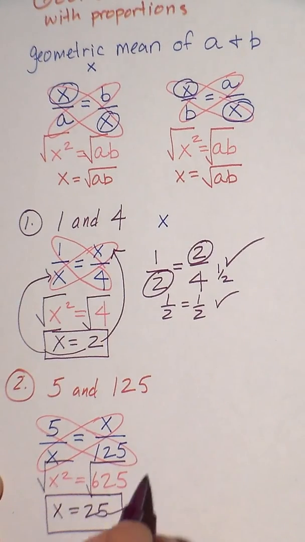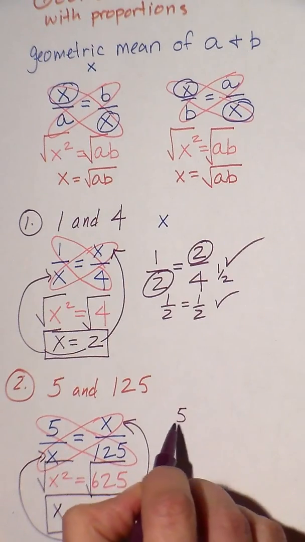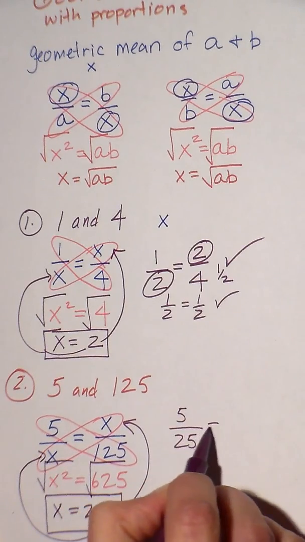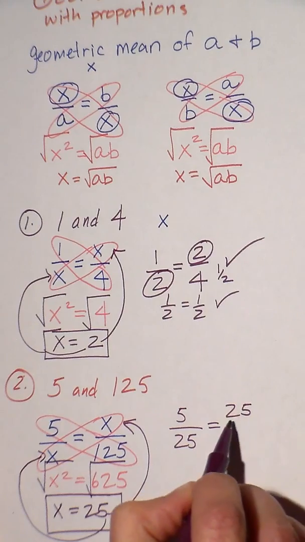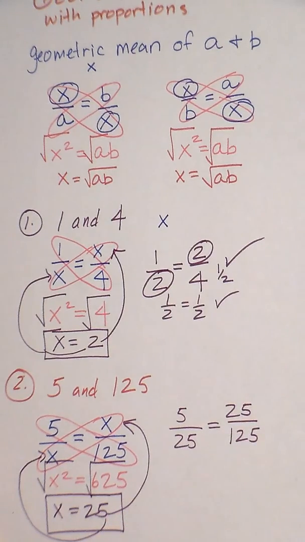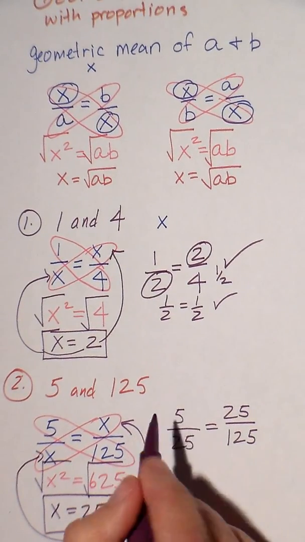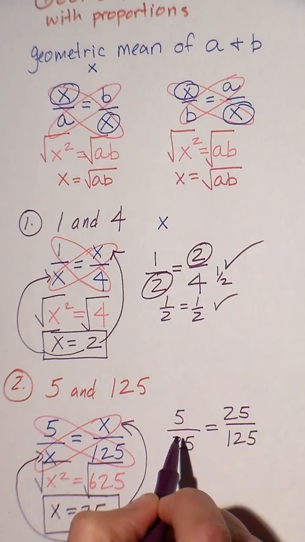So what that means is if I take 25 and plug it in here, and I take 25 and plug it in here, 5 over 25 should give me the same ratio and the same relationship as 25 over 125. And the way we check that is we reduce. 5 and 25 have a greatest common factor of 5, okay?